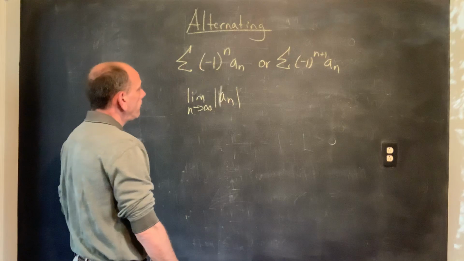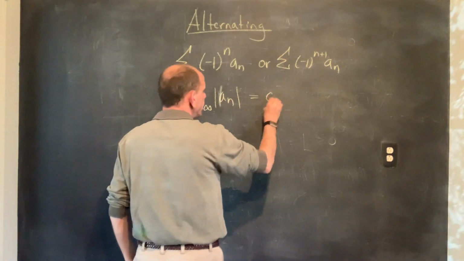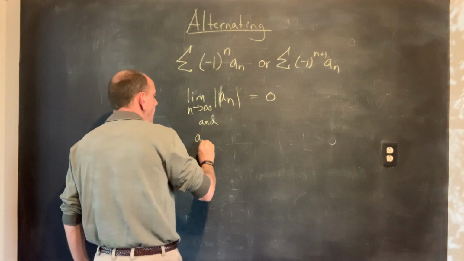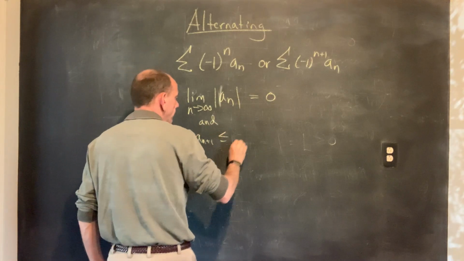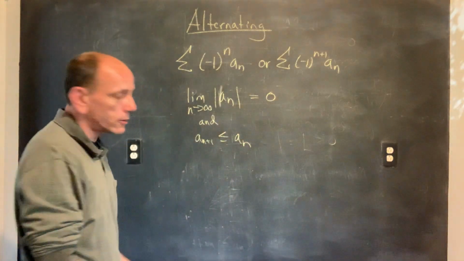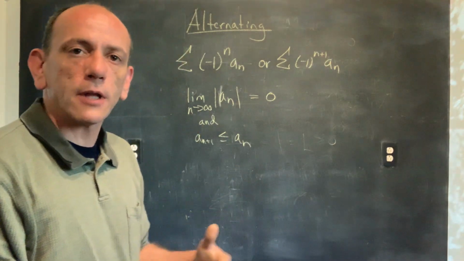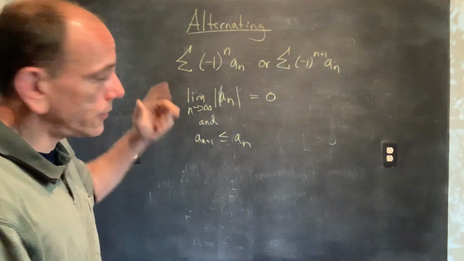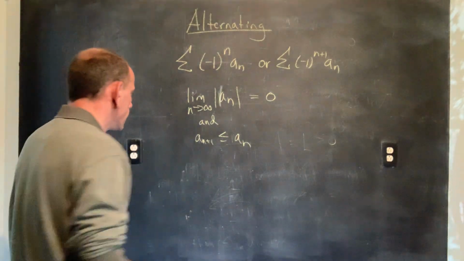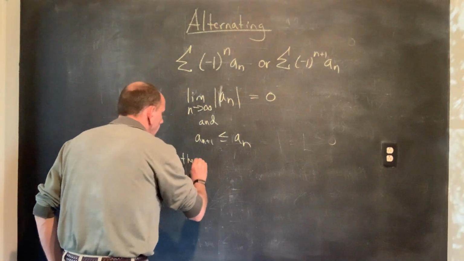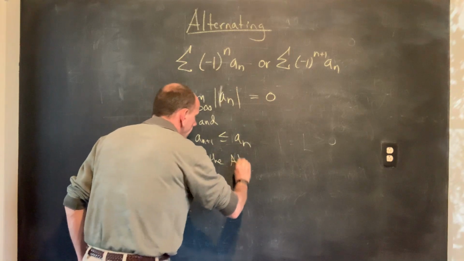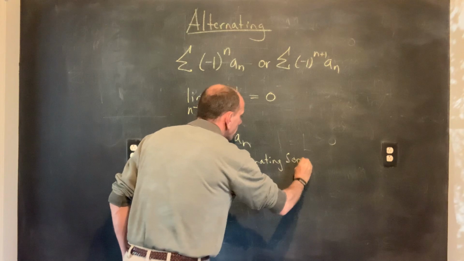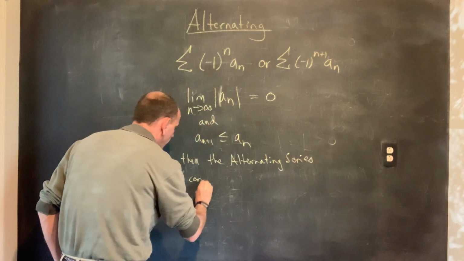Without worrying about the flip-flopping, if this goes to 0 and a sub n plus 1 is less than or equal to a sub n, in other words, the terms are getting less and less going to 0, that's enough on an alternating series to imply convergence. Then the alternating series converges.